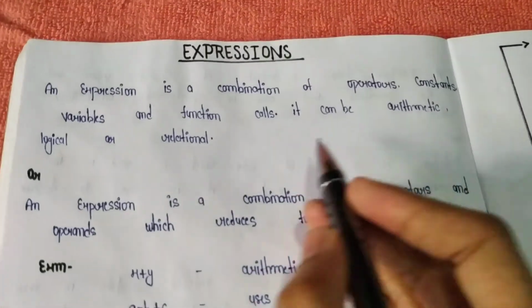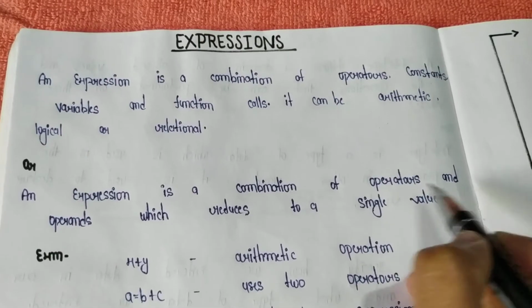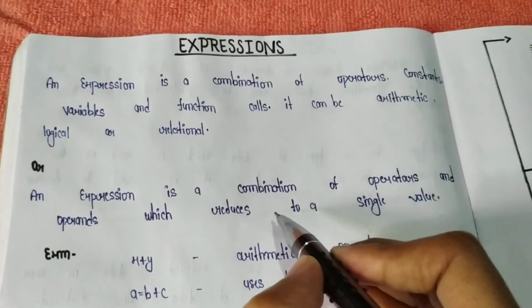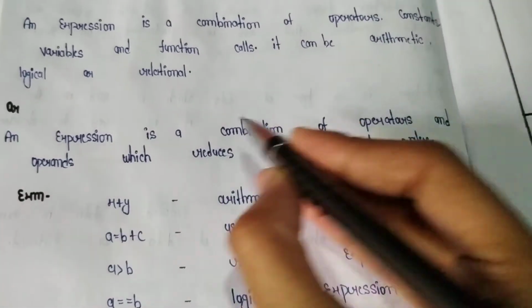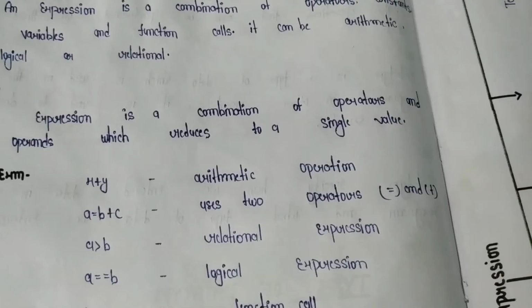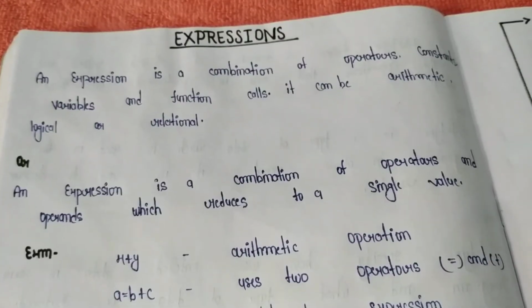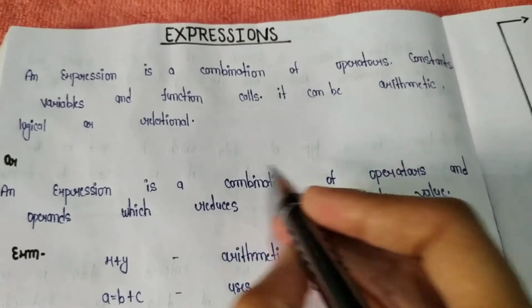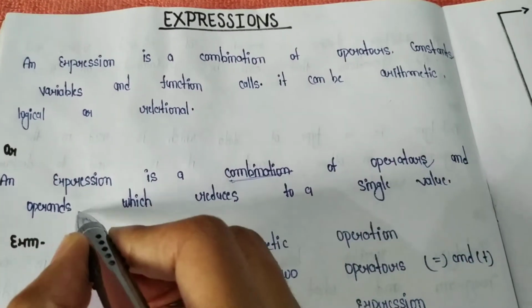Or in another way, the second definition: an expression is a combination of operators and operands which reduces to a single value. Means it is a combination of both operators and operands, right? Which gives us a single result. Clear? So what is an expression here? A combination of operators and operands.